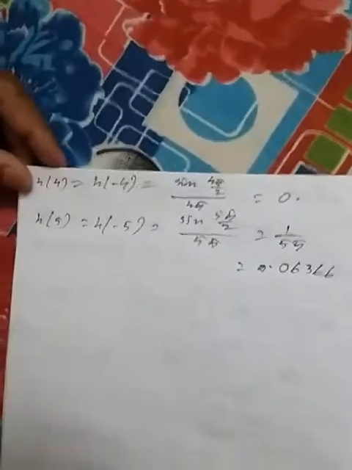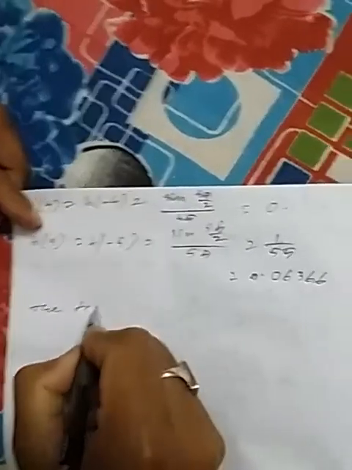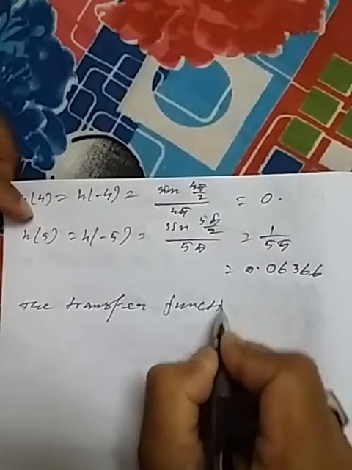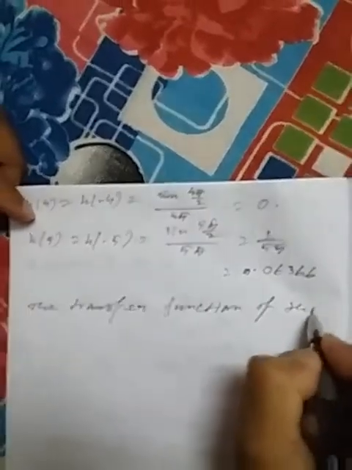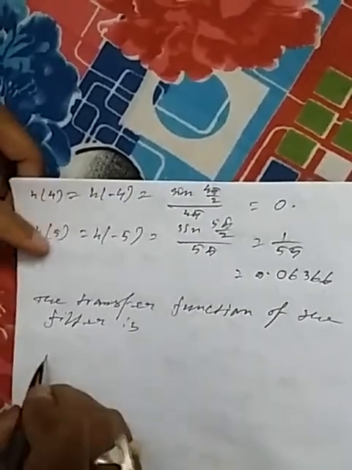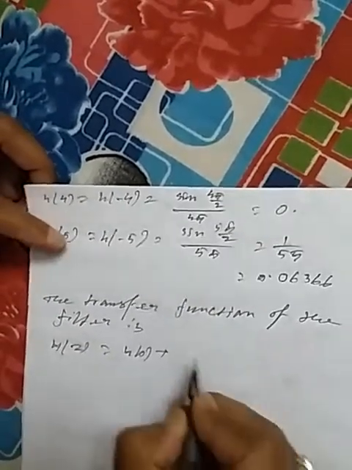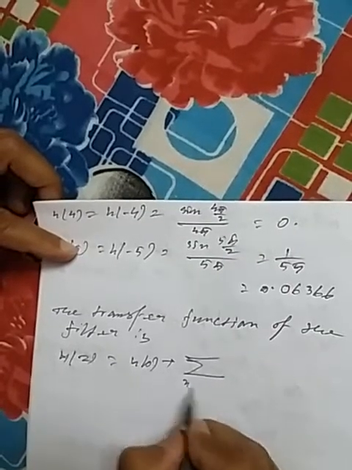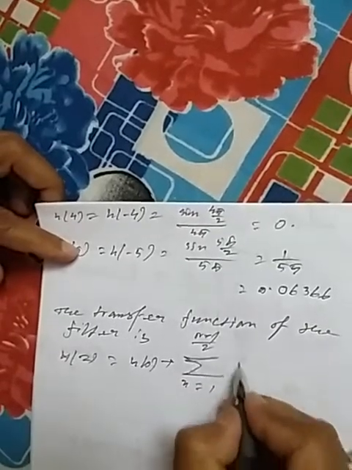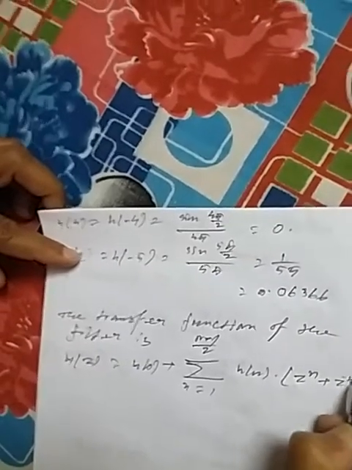Now the transfer function of the filter is H(z) equal to h0 plus summation of n equal to 1 to (N minus 1) by 2 of hn into z to the power n plus z to the power minus n.